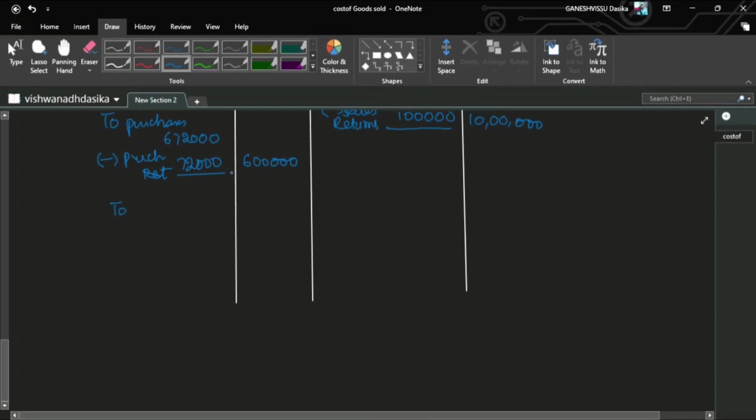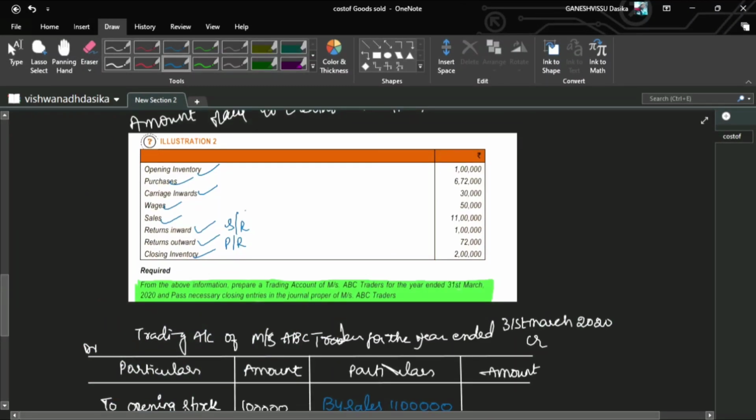Okay, now carriage inwards is also there. Wages are also there. To wages we are going to write, and no adjustment regarding wages. What are the adjustments we are going to discuss? Okay, carriage inwards 30,000 and 50,000.